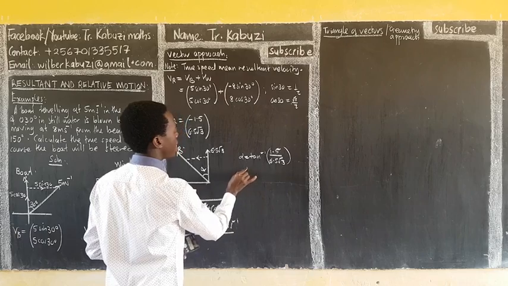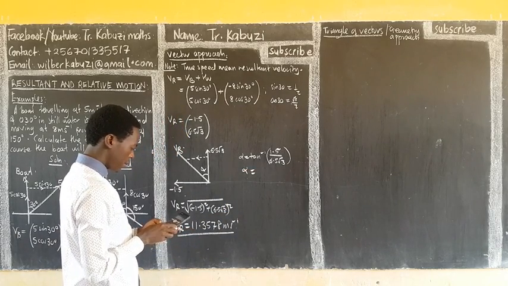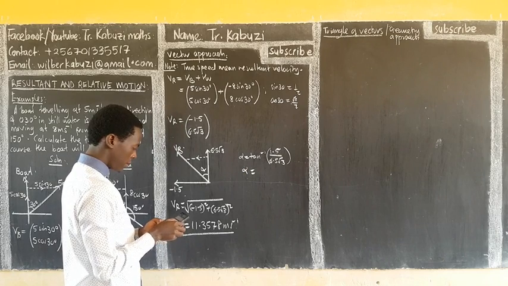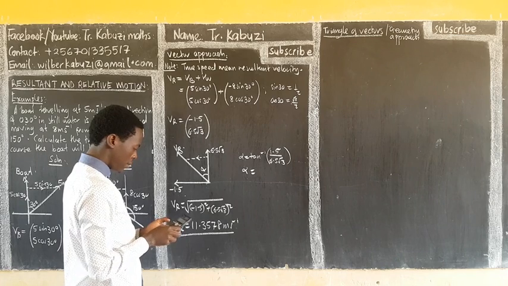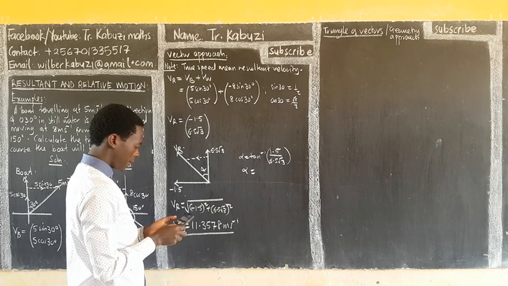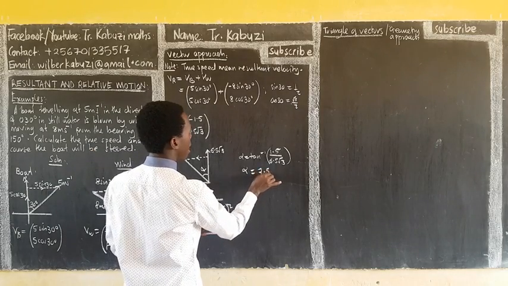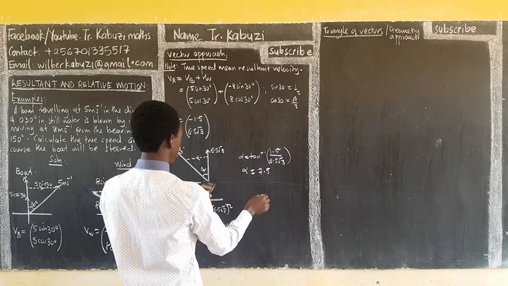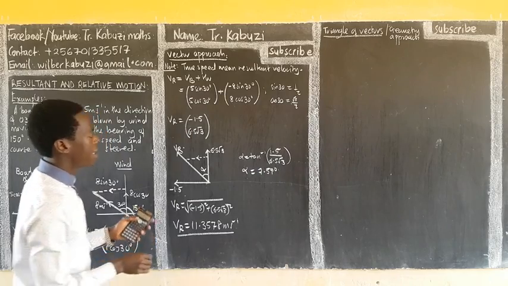If you ignore the sign, it's our alpha there. So here I'm getting 7.59 degrees. So this is going to be the alpha.